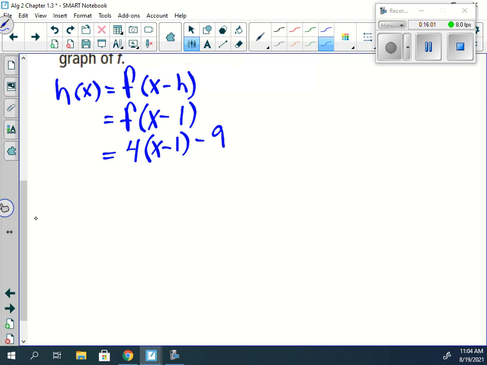Then what would we need to do next? Distribute the 4. So we'd have 4 times x, which is 4x. 4 times negative 1 is negative 4, minus 9. And when we combine our like terms, the negative 4 and negative 9, we get negative 13.